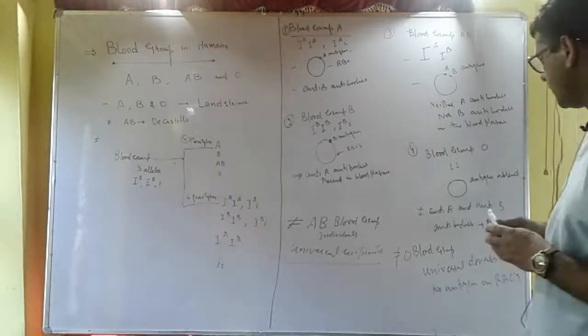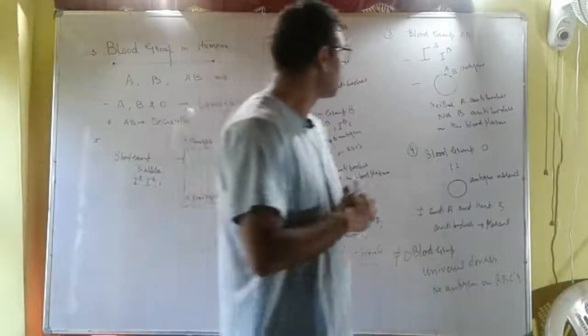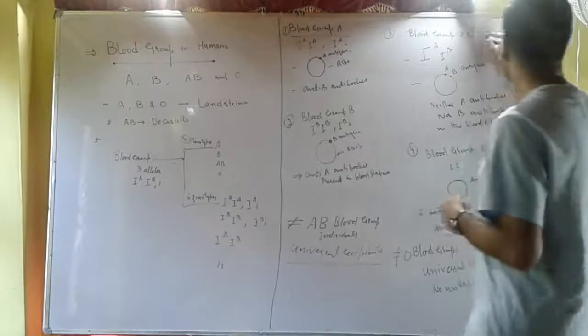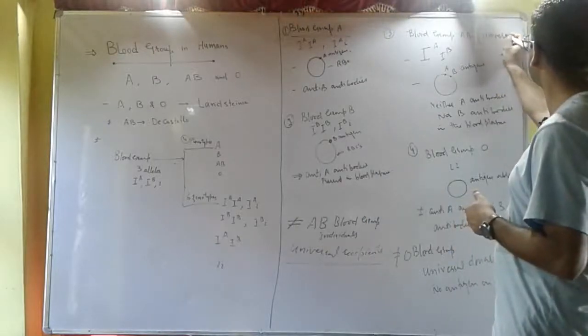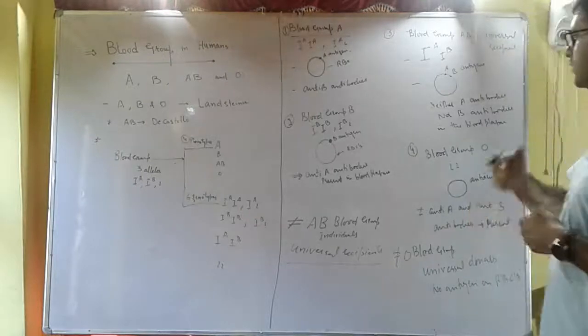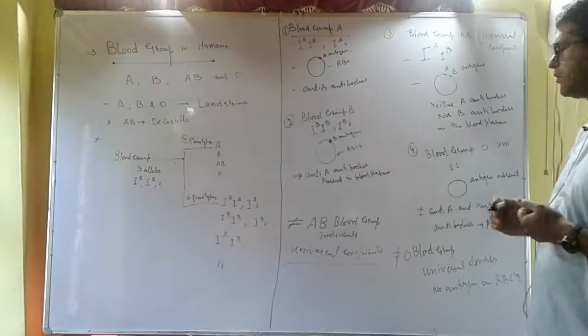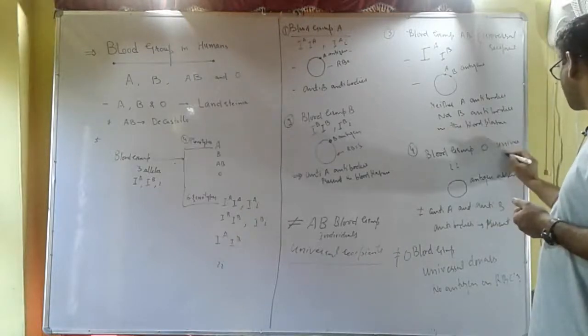So AB blood group individuals are universal recipients; they can receive blood from all four blood groups. And O blood group individuals are universal donors.